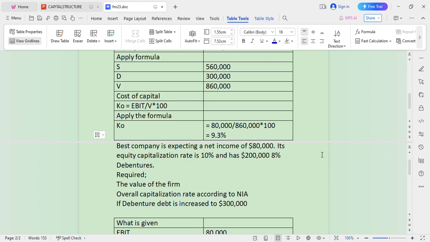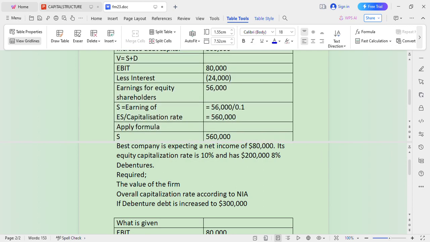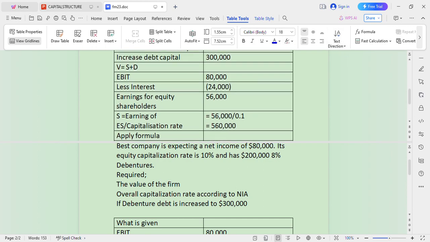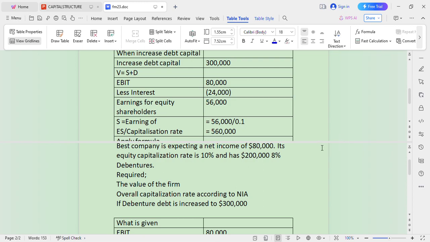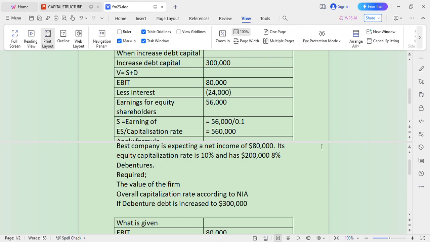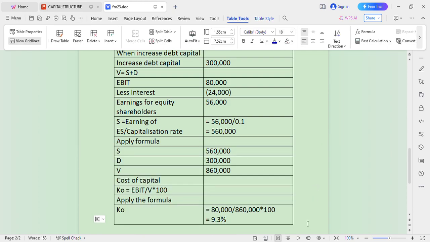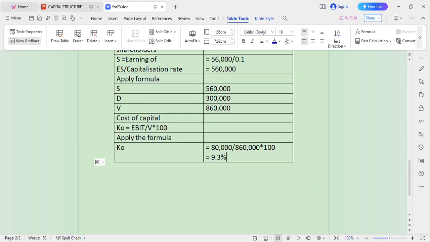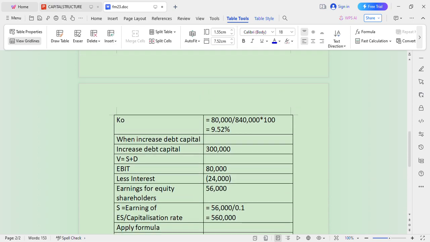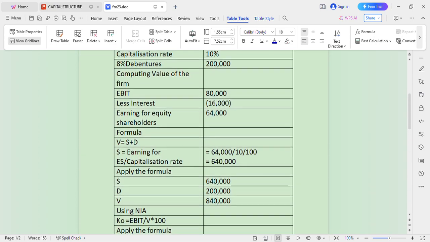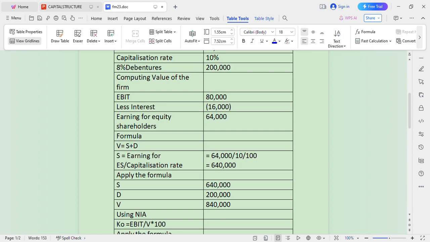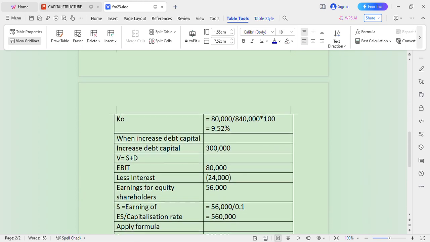Now, from this question, what can we learn from this theory of net income approach, or net income theory, from David Durand? It is very clear to us that, number one, when you increase debt capital, what happens to the value of the farm?